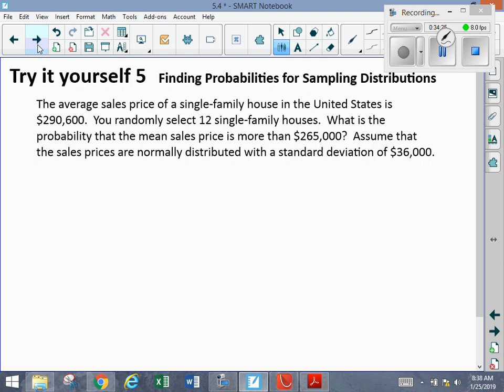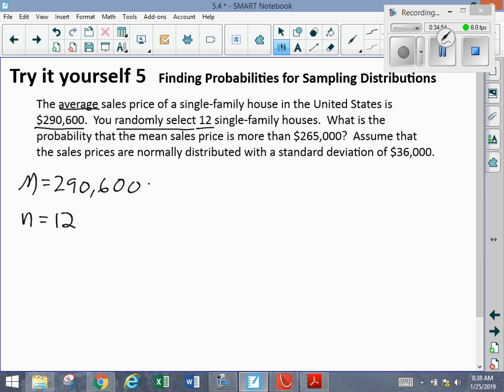All right. So we're going to randomly select 12 single-family houses. And by the way, the average price is that, so I'm going to assume that the mean of my population is 290,600. And it tells me that I randomly select 12, so n is 12, my sample size is 12.